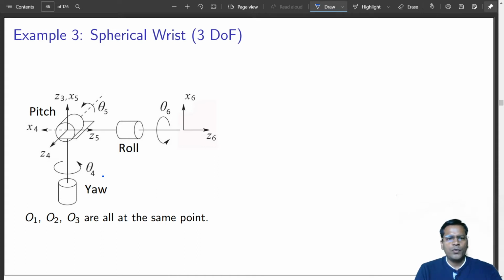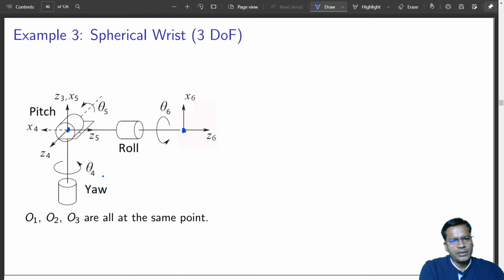You see, there is no distance between any two z-axes. All z-axes are intersecting. So if there is no distance between z-axes, that means there is no link length. Again, there is some distance if you take the last link, it starts from this point till the end point.